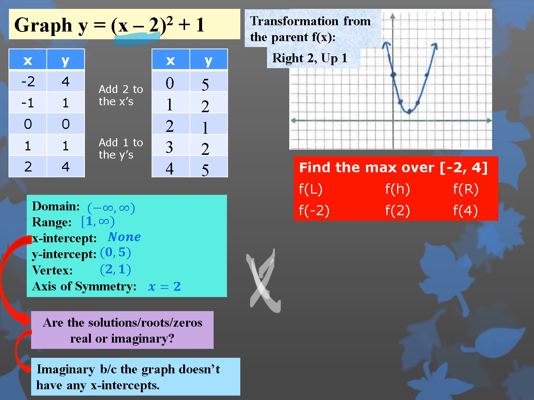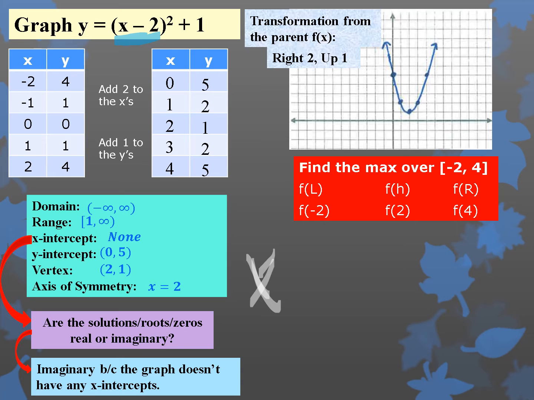So my left is -2, my right is 4, and the x coordinate of my vertex, that h value, that's 2. So I look and I say, well, okay, is 2 between -2 and 4? And it is, so I have to go ahead and calculate it.